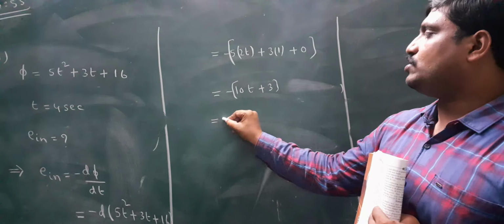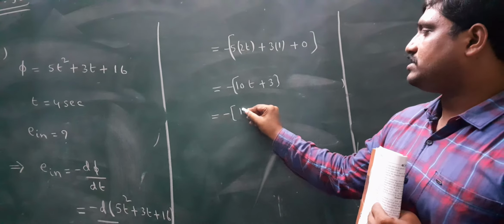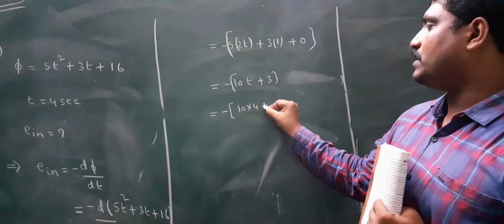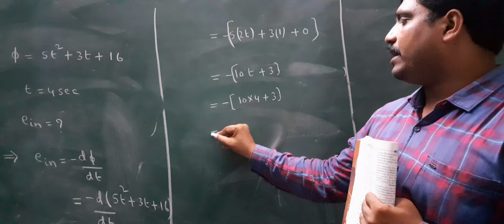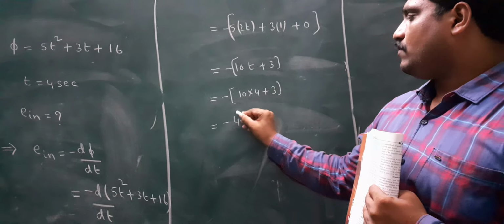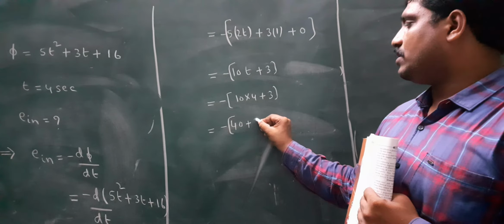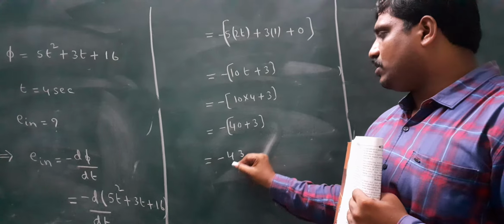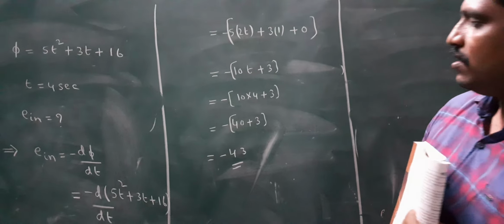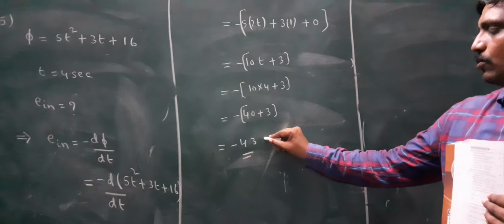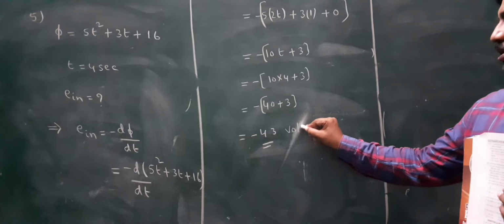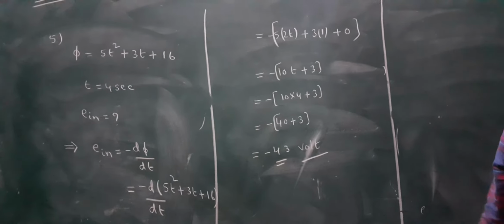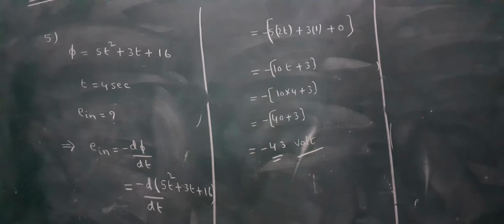But the t value is given as 4 seconds. 10 into 4 plus 3, here minus, 10 into 4 is 40 plus 3, minus 43. This is the induced EMF value. EMF is nothing but the potential, and the unit of potential is volt.